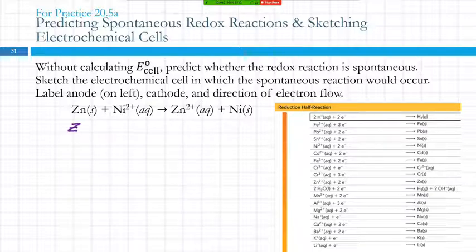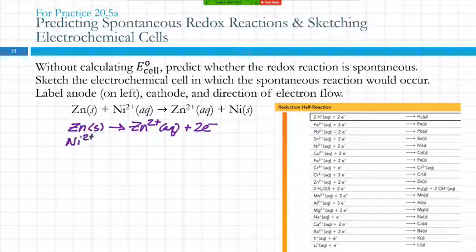So what I've got here is zinc going to zinc ion, and that would mean the electrons have to be over here. And then I've got nickel 2 plus, that must have electrons on this side, going to nickel. So I took this equation and I split it into two pieces.